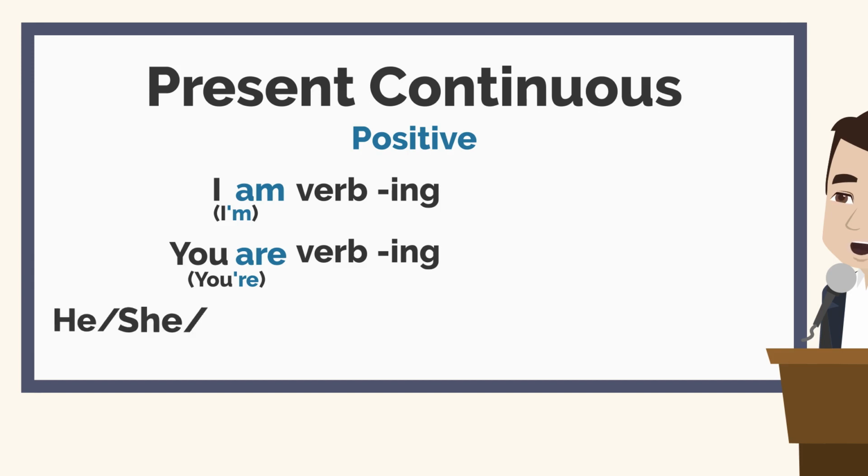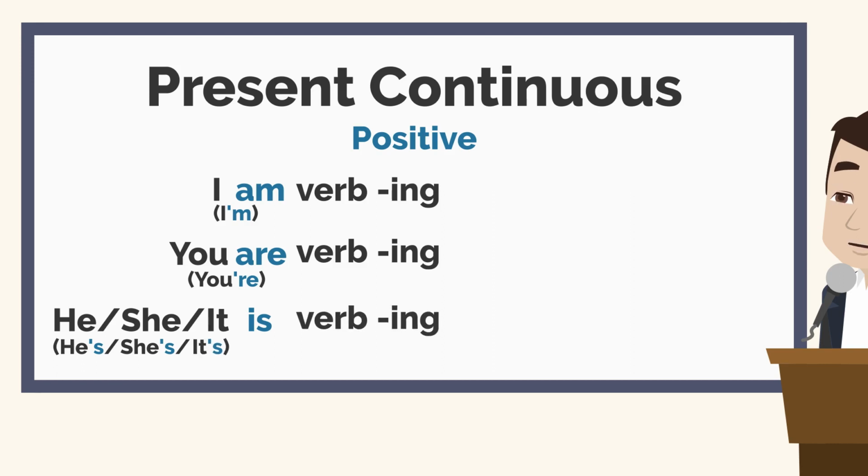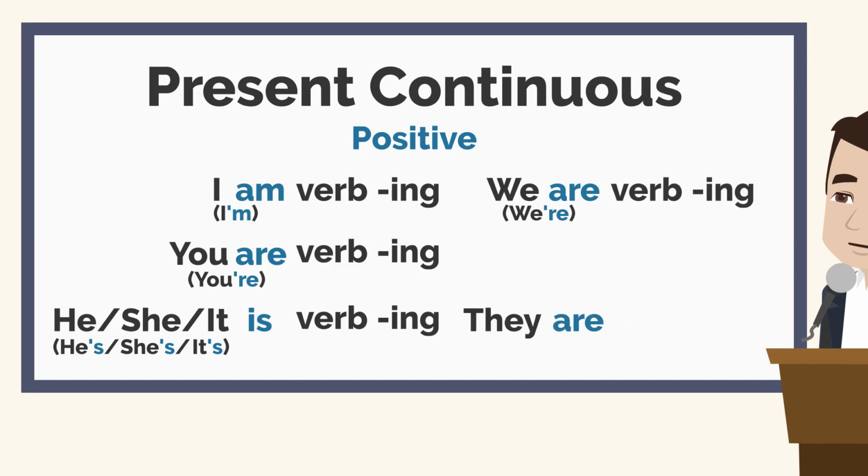He, she, it is, or he's, she's, it's, plus verb and ing. We are, or we're, plus verb and ing. They are, or they're, plus verb and ing.